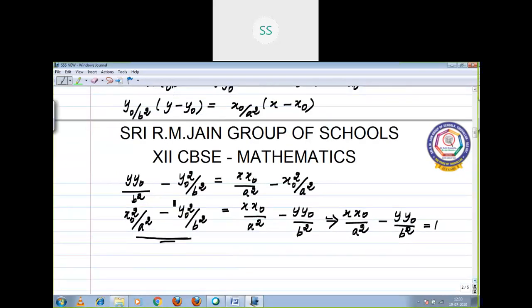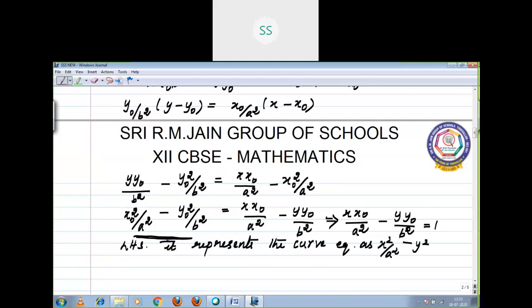Here, the LHS, I underlined the LHS, it represents the curve equation as x square by a square minus y square by b square equal to 1, right?